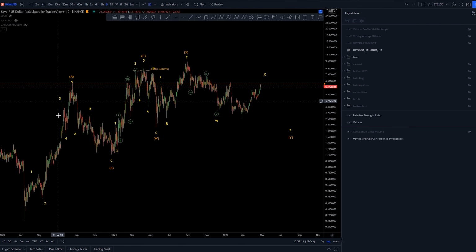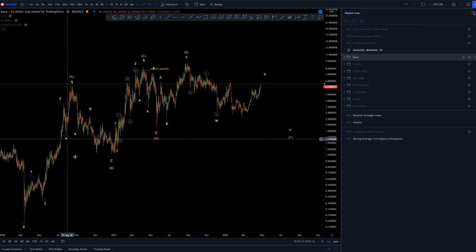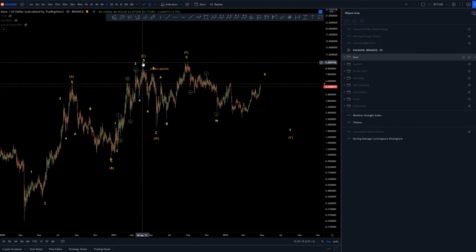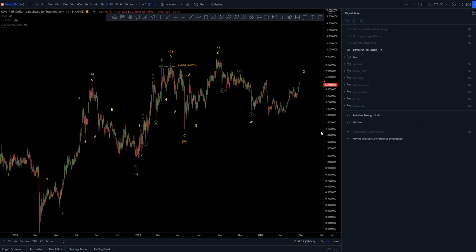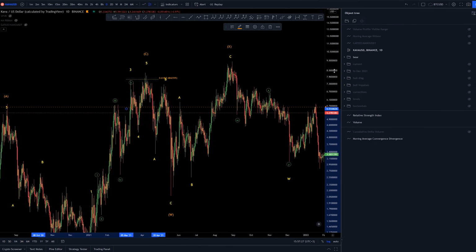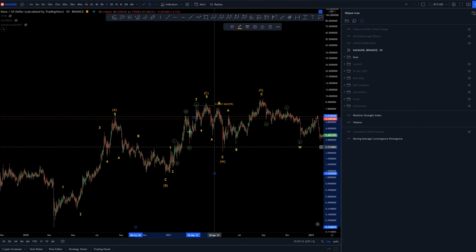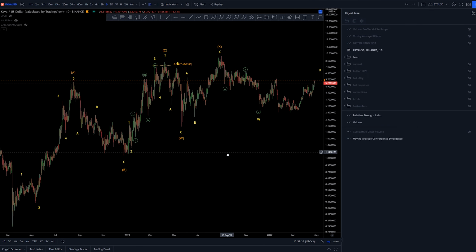This would again bring us to B wave here around December 2020, and then another 5 waves up to the C wave of intermediate. Again, the C wave is just about the 0.618 extension of the A wave, which is valid.